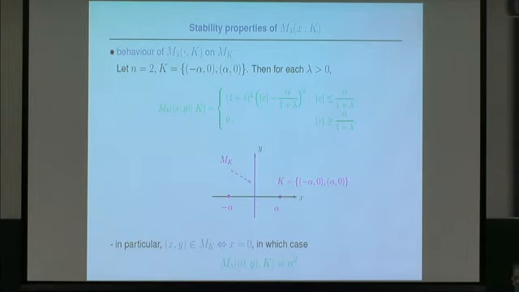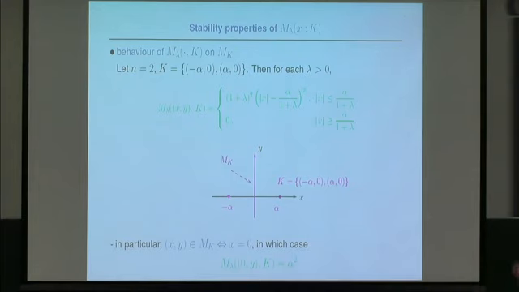So to illustrate the stability properties, let me just take a simple example. Here I'm going to work in R2, and I take my set K to be the 2 points minus alpha 0 and alpha 0. So 2 points on either side of the y-axis.